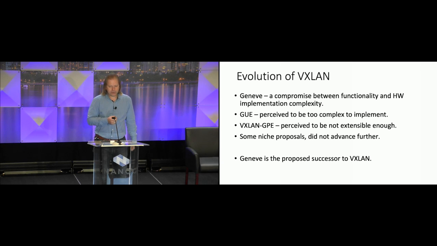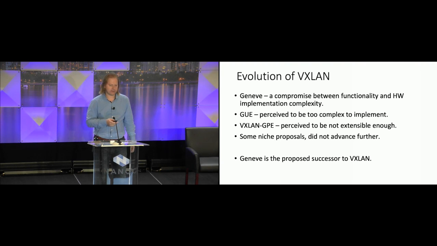GUE was perceived to be too complex. It's a flexible one. It provides a lot of functionality, but to implement that all in hardware was seen to be too complex. And the backwards compatibility nature of GPE was seen to be too limiting for this protocol to be future-proof. There were some niche protocols and proposals.